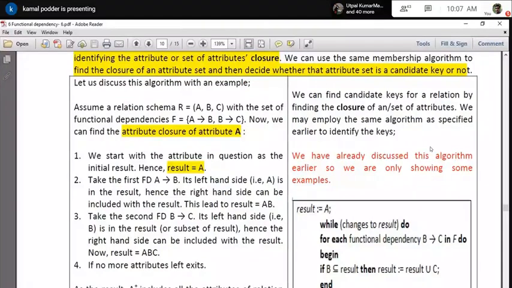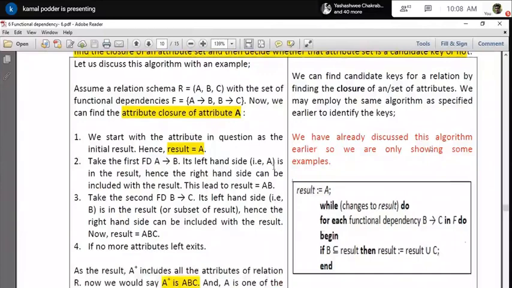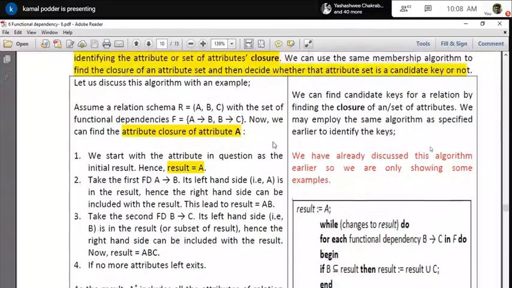I will try to show you how to use that to find the candidate or super key and the redundancy. Just take the examples one by one, and hopefully after that, if a relation and a set of functional dependencies are provided, anybody can easily find it out. There is no issue at all.